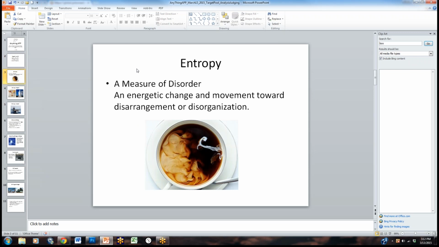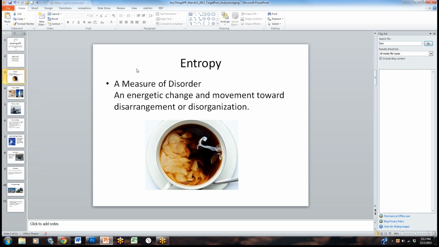One of the concepts that comes up a lot is the concept of entropy, not in the thermodynamic or physical sense, but in the sense of information transfer, and in the sense that we're talking about it for remote viewing. It is a measure of disorder, an energetic change and movement toward disarrangement or disorganization.